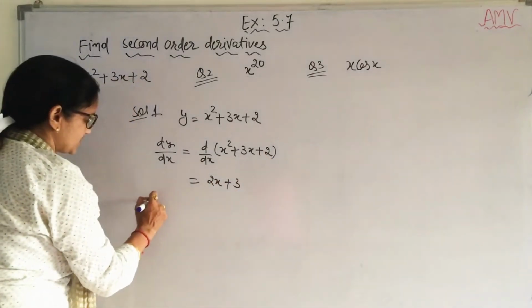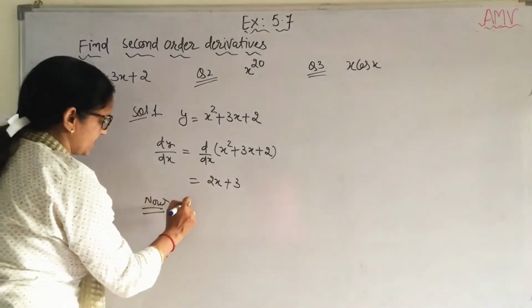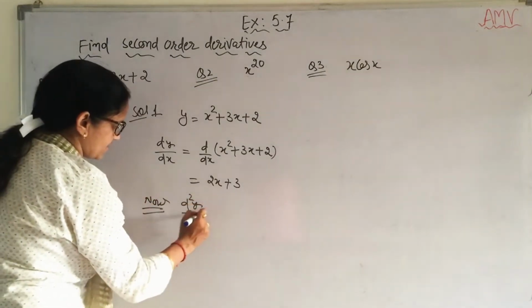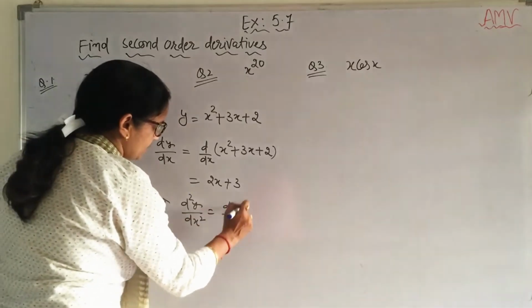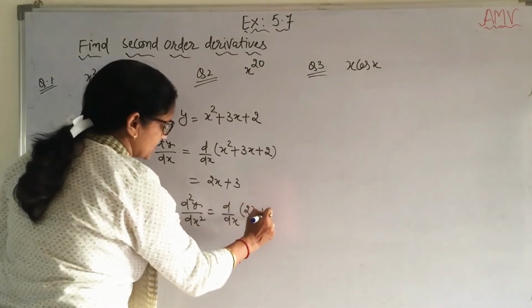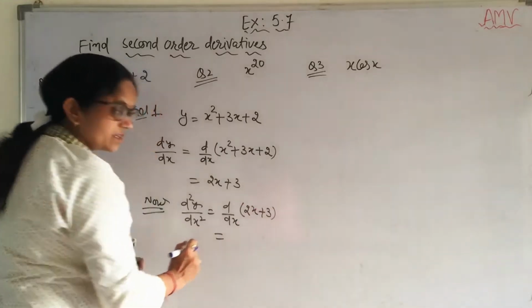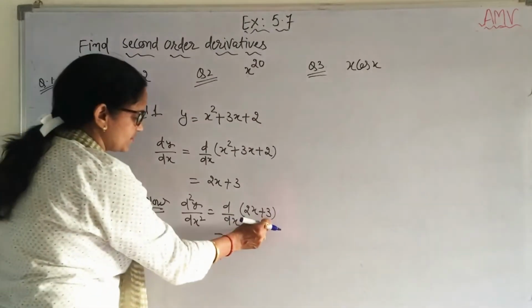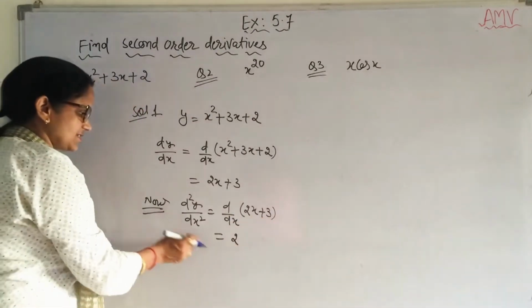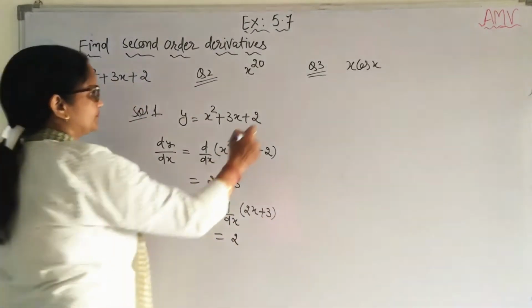And now for the second order derivative, it is d square y by dx square, and here d by dx of 2x plus 3. The derivative of 2x is 2, and the derivative of 3 is 0. So the answer is 2 only.